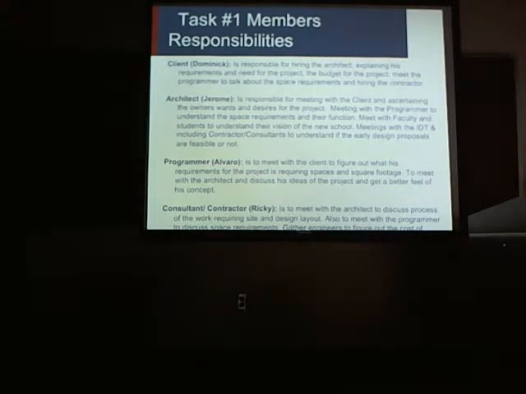The programmer gets involved with the client. Like you said, we missed a step. The client is supposed to hire the programmer first, and then hiring the architect second. And then after the client and the programmer develops a program, then the architect comes in and develops from that point on. Okay. Yeah, that doesn't come across.